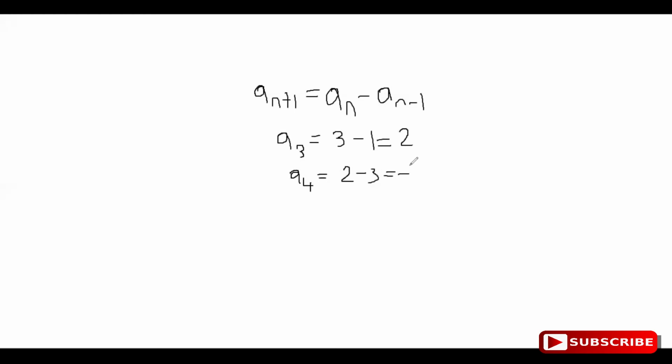So now we can find a5. What is a5? It's a4 minus a3. Exactly. So it's negative 1 minus 2, which is minus 3. Very good.